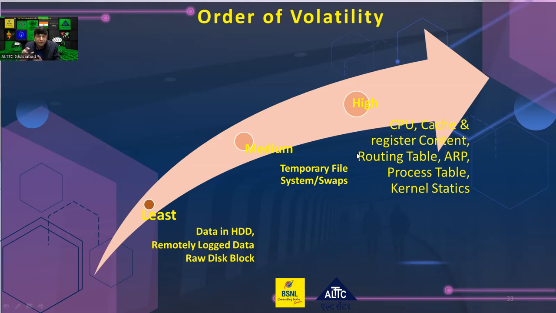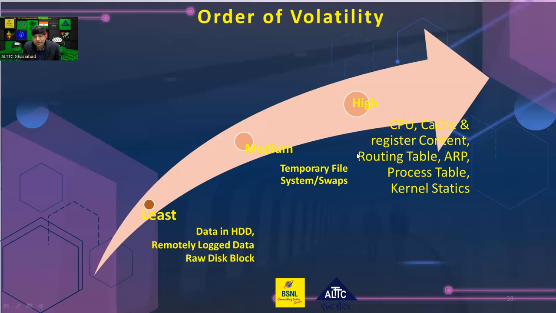In this slide, we focus on where is the least preference and where is the high preference of evidence. Least preference data will be in the hard disk, remotely logged data, raw disk block, memory mediums, and temporary file system swap. But high preference data is not easy for the criminal to erase.